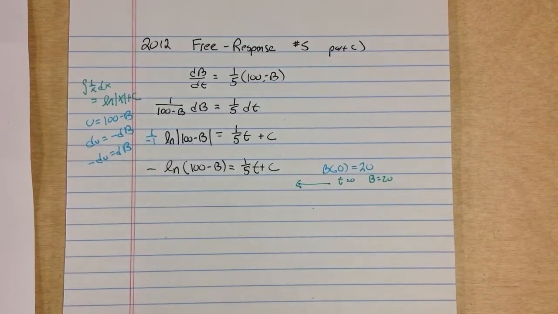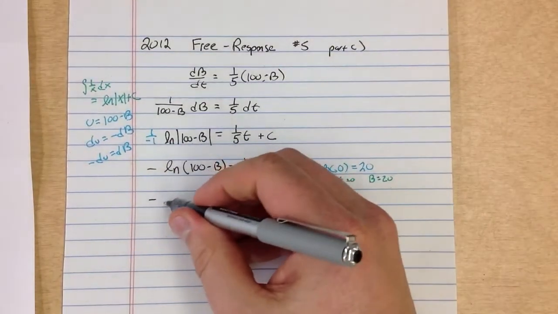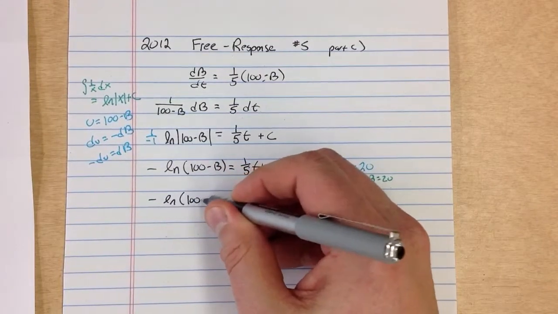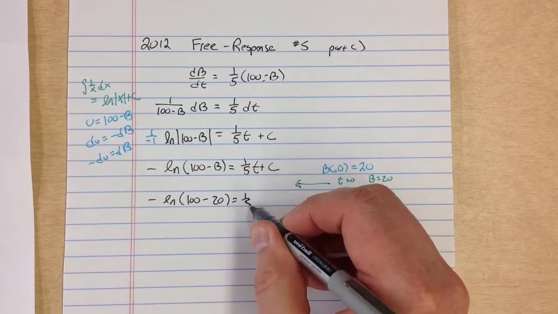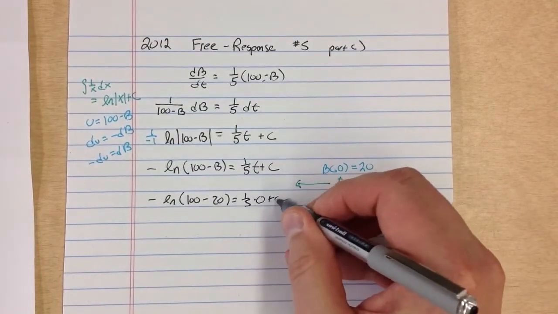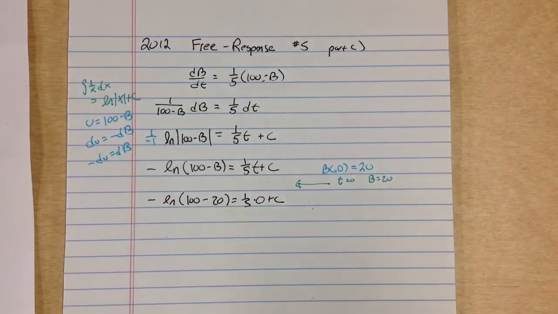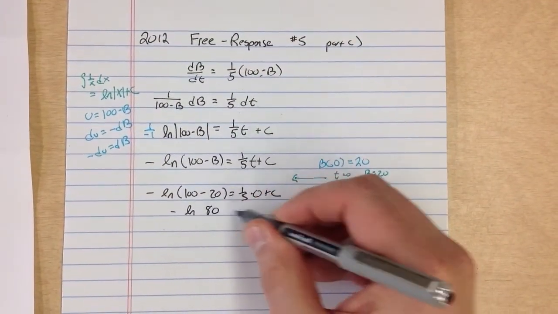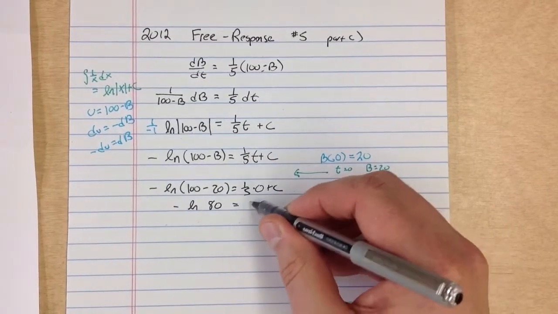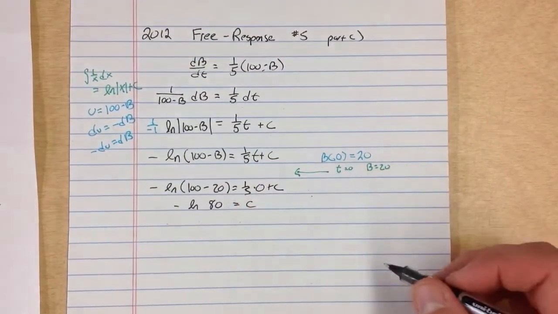So then I would have negative ln of 100 minus 20 equals 1/5 times 0 plus c. Now I know that negative ln of 80 equals c.